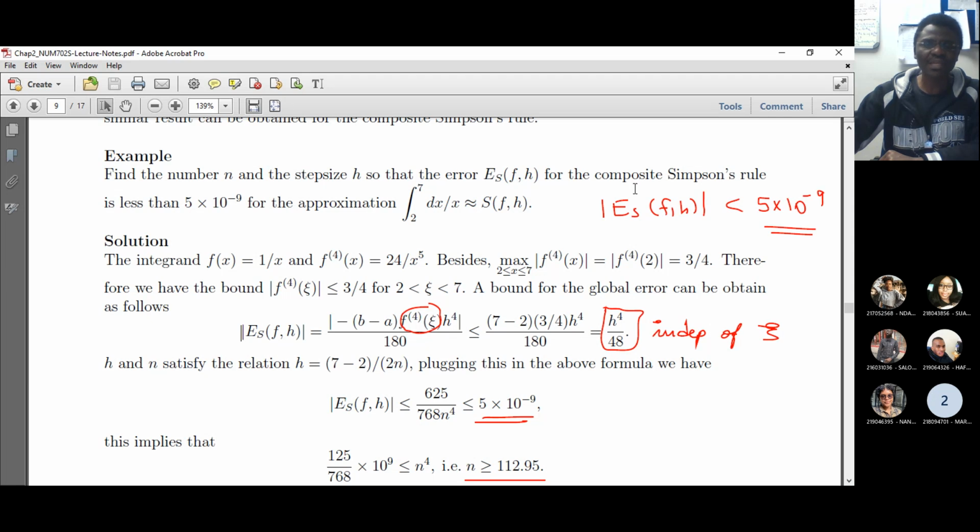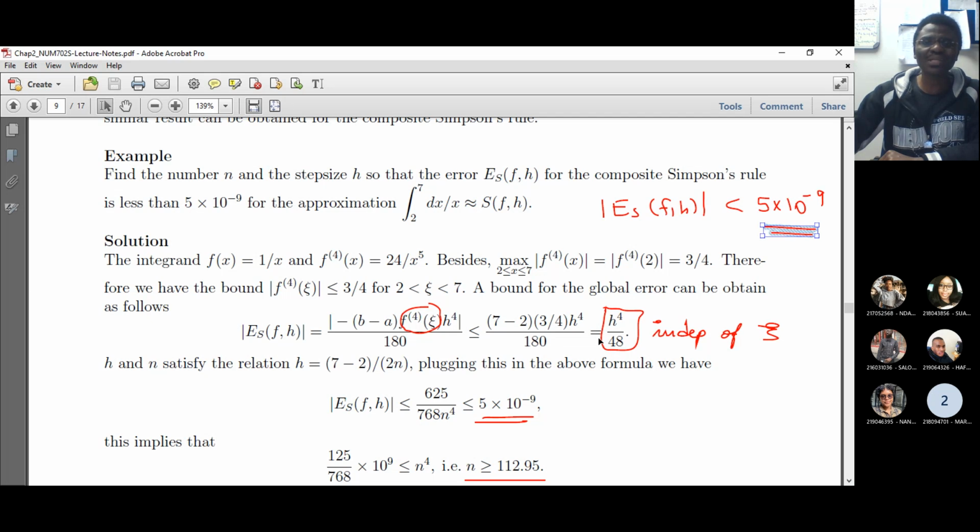So we cannot apply the constraint, that is error less than 5 times 10 to the negative 9. If we do that, we will be stuck because we don't know psi. So we need to find an upper bound that depends on h only or on n only, and that's what we have here.